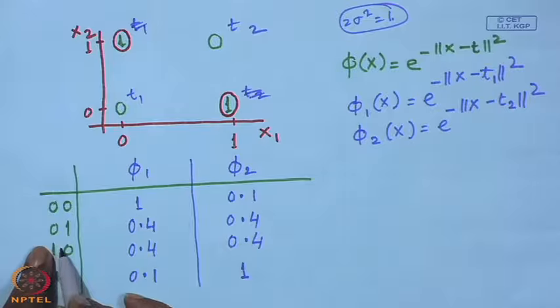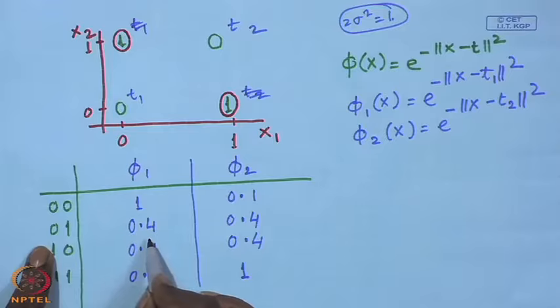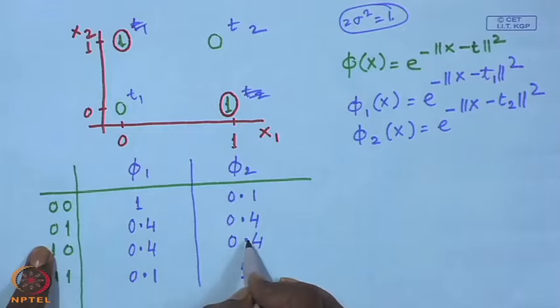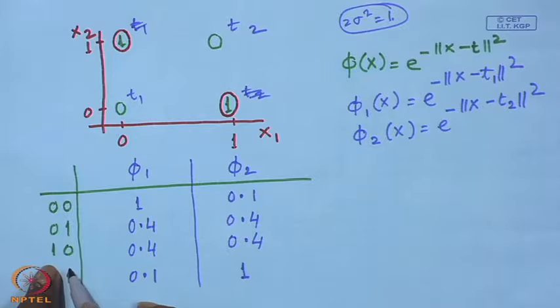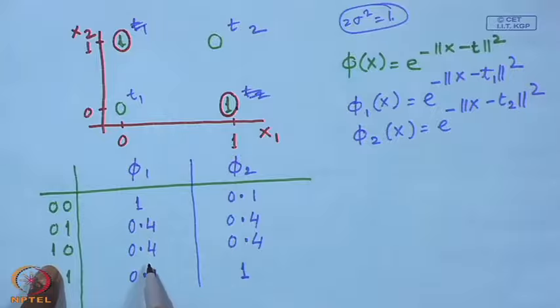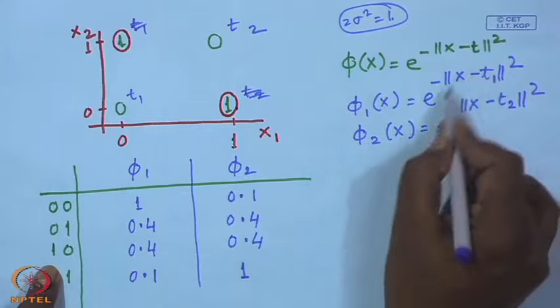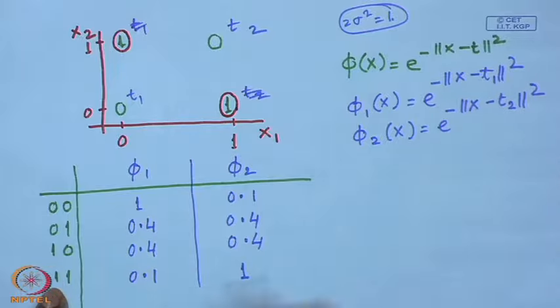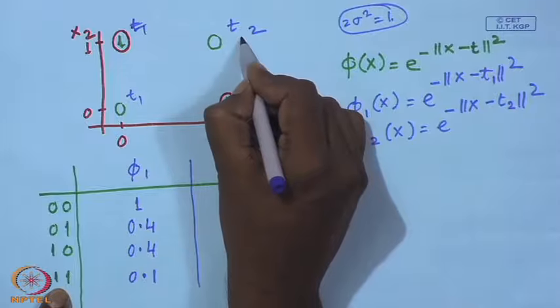For 0 1, phi 1 of x will be 0.4, phi 2 of x will also be 0.4. For 1 0, which is this point, phi 1 of x will be equal to 0.4, phi 2 of x will also be equal to 0.4 because of these exponential functions. For 1 1, if x is equal to 1 1, this coincides with T 2.